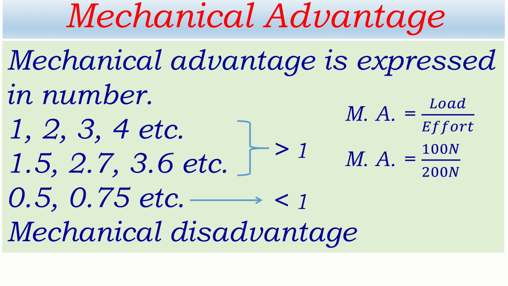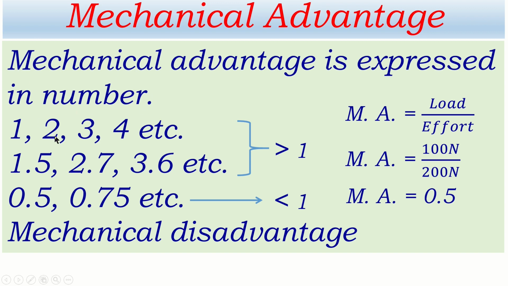If the value of the load is less and we are applying more effort, let's say 200 Newton, then certainly mechanical advantage will be less. 100 divided by 200 becomes 0.5, Newton cancel. This way, sometimes we will have mechanical disadvantage also. If it comes as a point number, then we can say this is mechanical disadvantage.